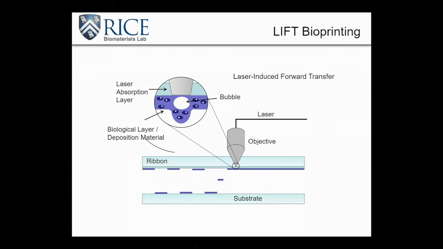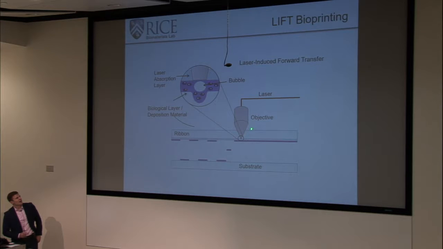One other interesting 3D printing methodology then is lift bioprinting. We don't directly have lift bioprinting in the Biomaterials lab, and there are probably a lot fewer labs in the bioprinting realm that use lift bioprinting compared to some of these other techniques. And the basic premise here is that we use a ribbon here that has our bioink.